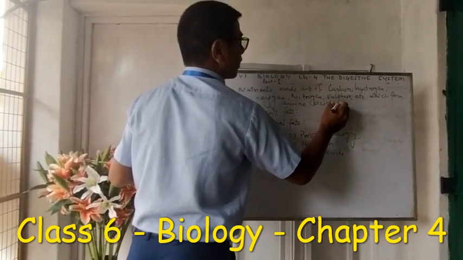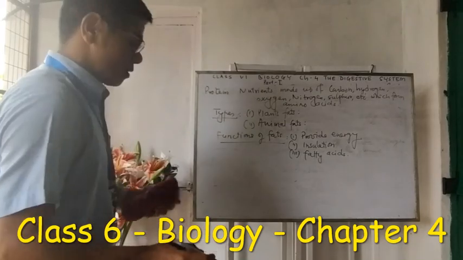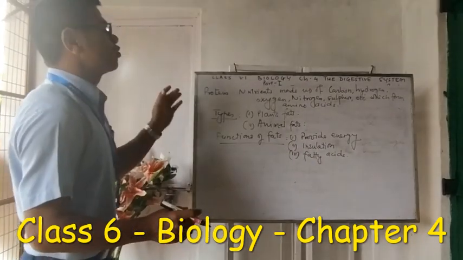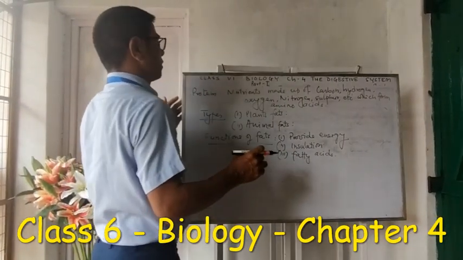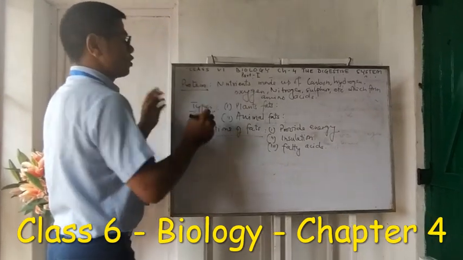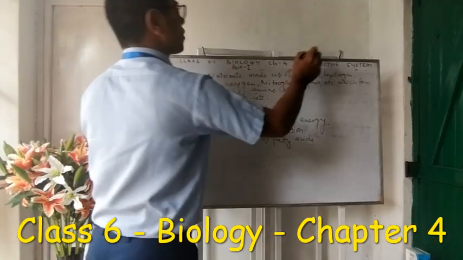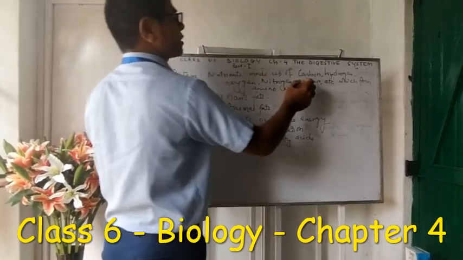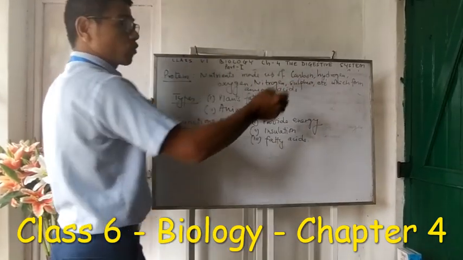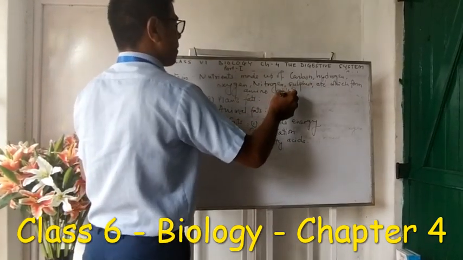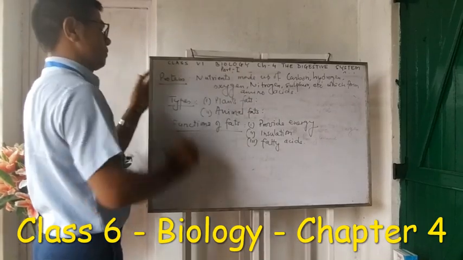This word amino acids may be new to you, but I welcome you to learn this new beautiful word, amino acids. So whenever nutrients are made of carbon, hydrogen, oxygen, nitrogen, sulfur, and more like phosphorus, they form amino acids. They are called protein.